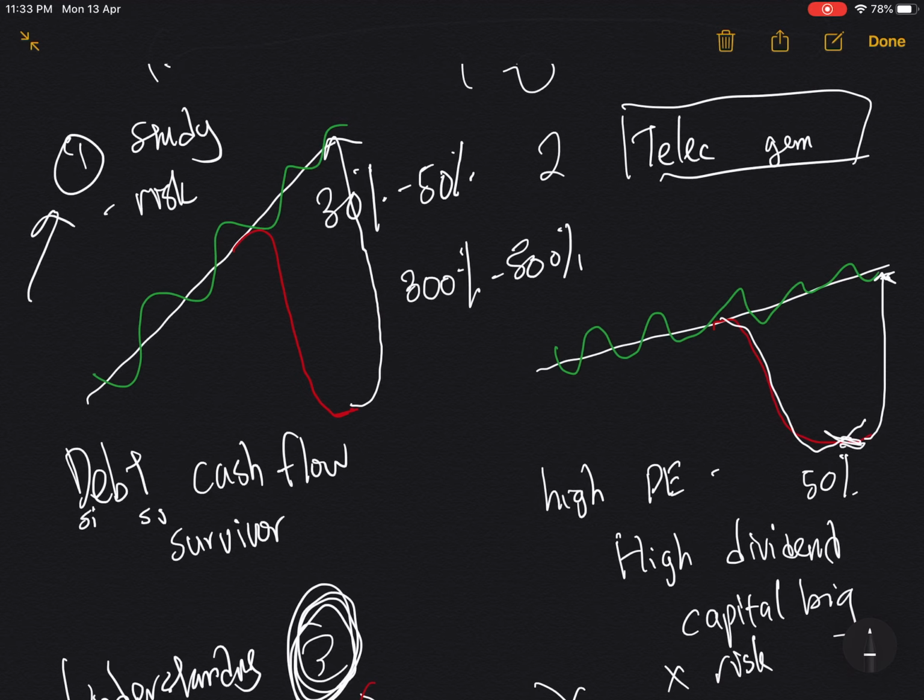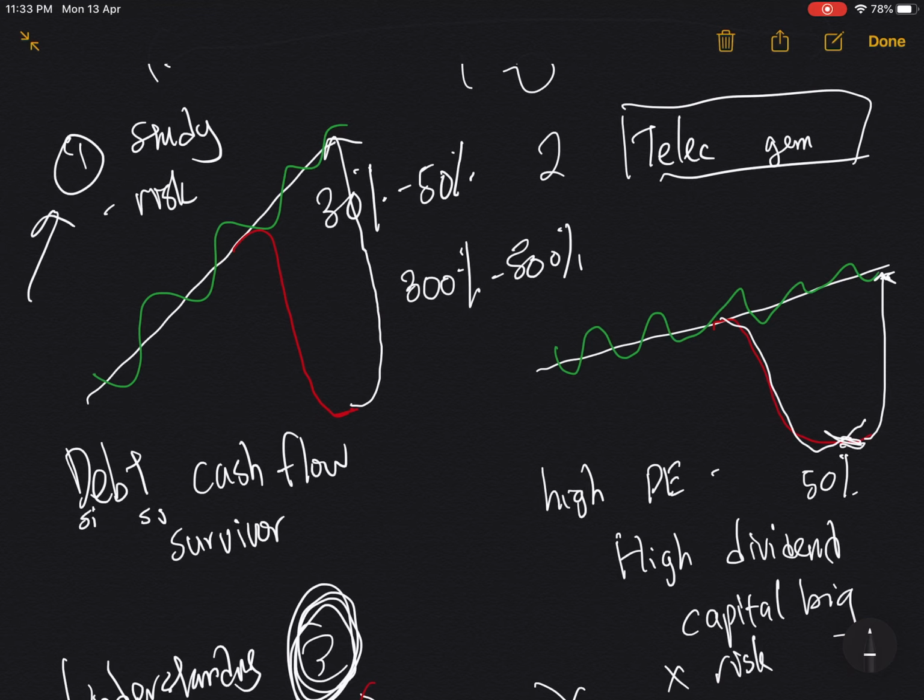If you want to put in a lot of effort, I suggest you search for the first one: maybe software counters, technology counters, some EMS counters, where the potential growth is still there and which doesn't suffer any permanent damage to their business this time round. Then you can start to go into these counters.